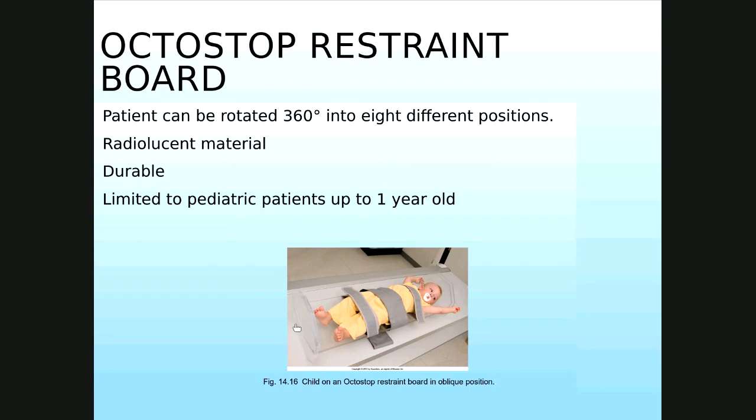So there are 8 different positions that the patient can be rotated in, from flat on her back all the way on her stomach, and then equally obliqued up in certain positions with that Octostop board. So they can rotate 360 degrees into 8 different positions. It is radiolucent plexiglass. It is very durable, but you only use that when the patient is up to 1 year old.